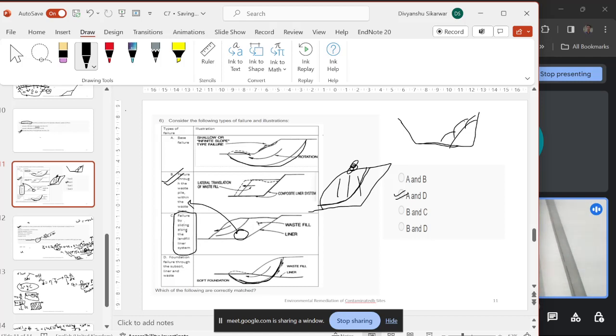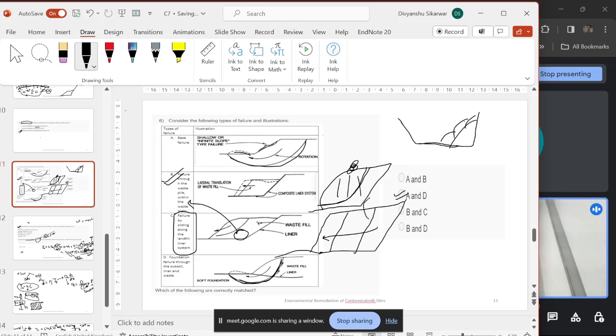Failure was sliding along the landfill liner system. So for this, if we draw a diagram, then it should be something like this. There will be a translational failure.